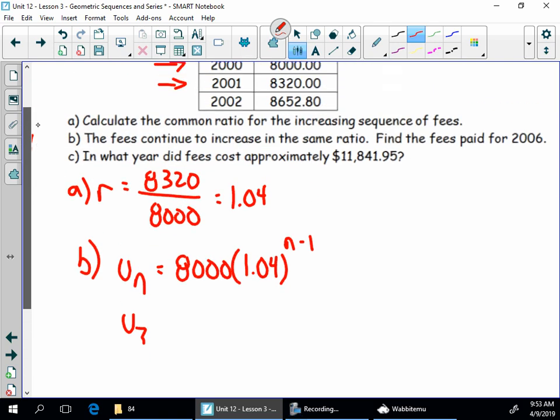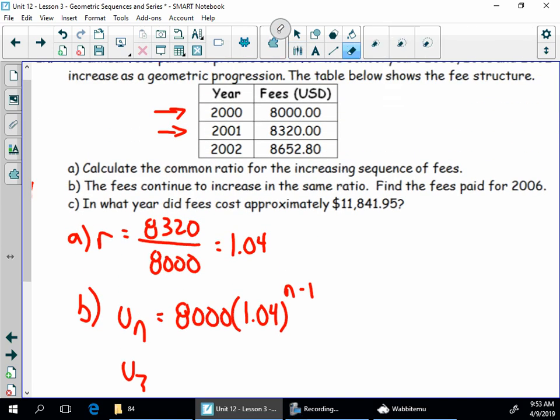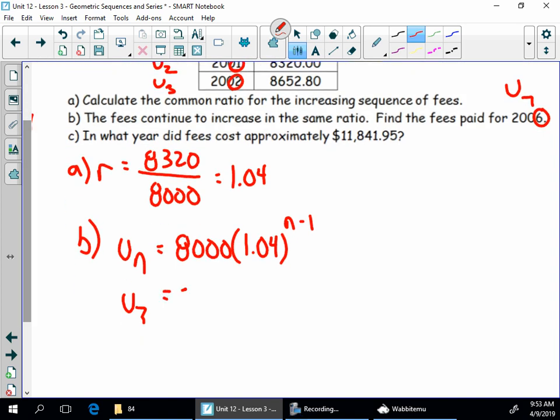And the reason why is U1 ends in a 0. U2 ends in a 1. U3 ends in a 2. So U, what would end in a 6? It's got to be 7. That's one more than it every time.